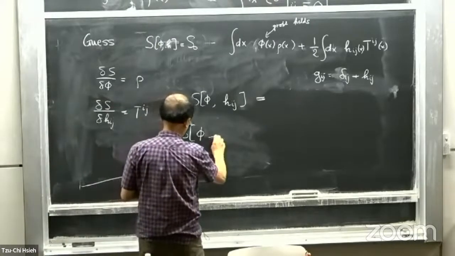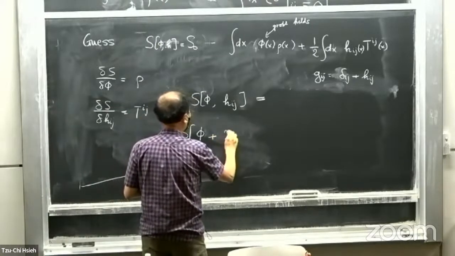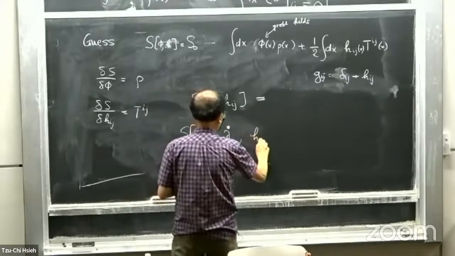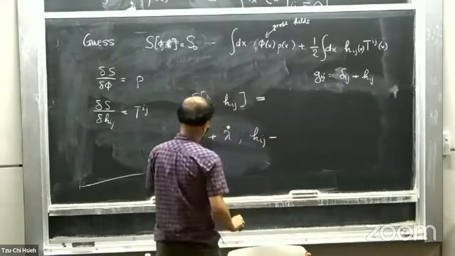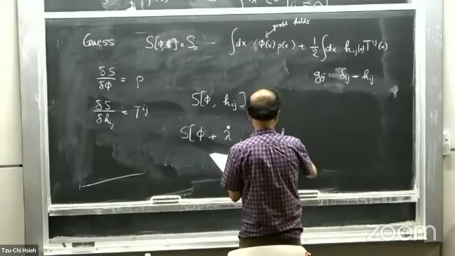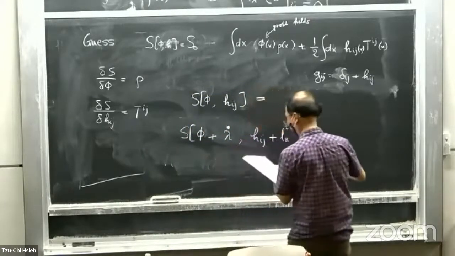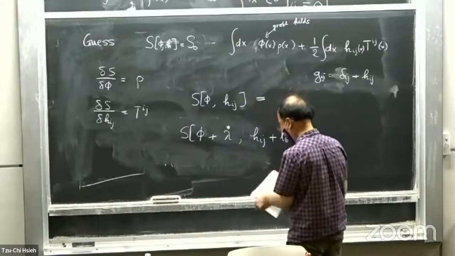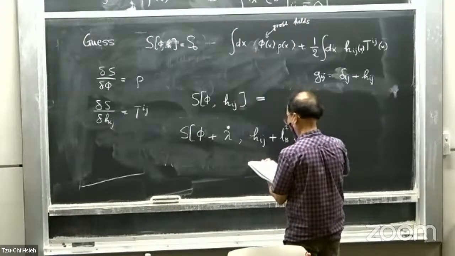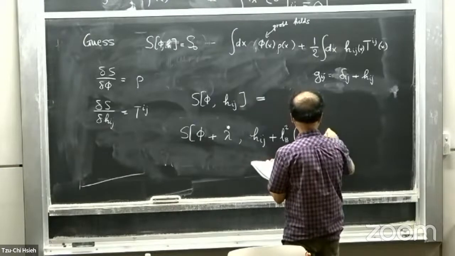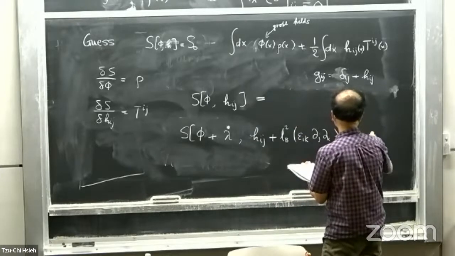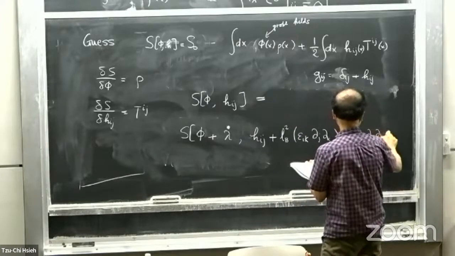It should turn out to be something like this. Dot means derivative with respect to time. H_ij, and here I'm writing down something like l_B squared times epsilon_ik d_j d_k lambda plus epsilon_jk d_i d_k lambda.